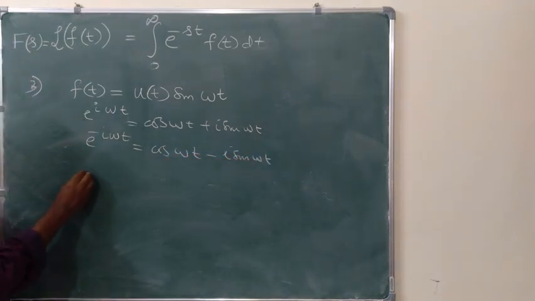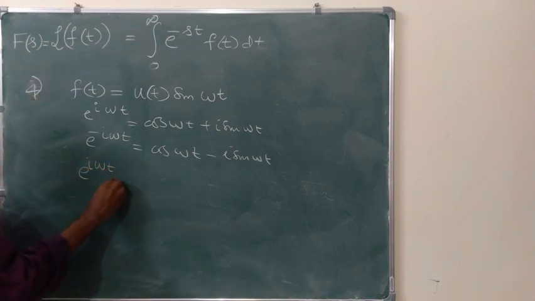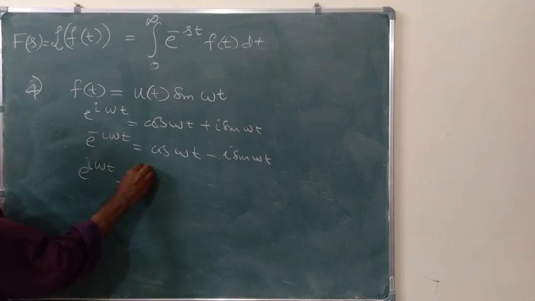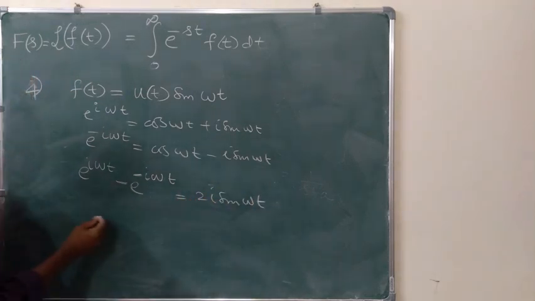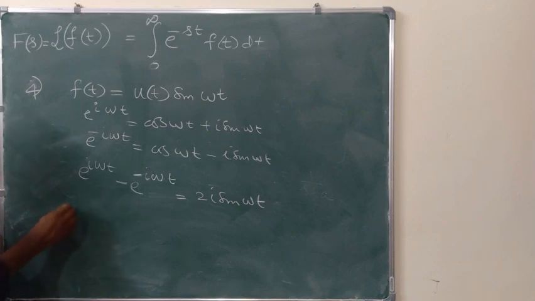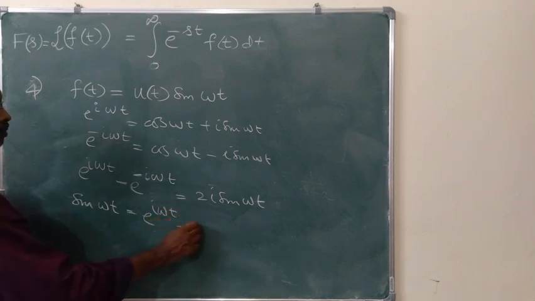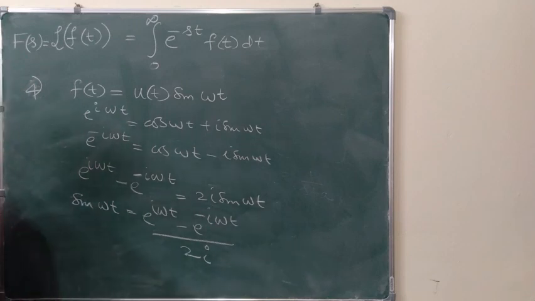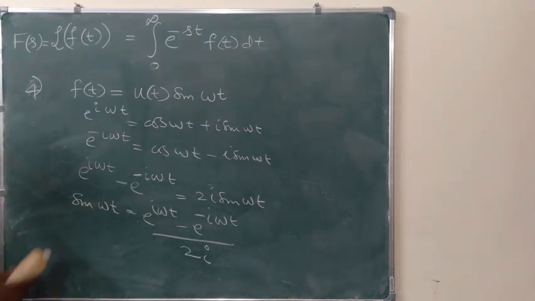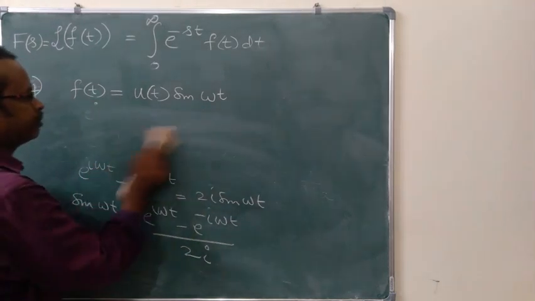So if we subtract, then you will get e to the power i omega t minus e to the power minus i omega t equal to 2i sin omega t. From that, we can write sin omega t equal to e to the power i omega t minus e to the power minus i omega t divided by 2i. So we will make use of this expansion for finding the Laplace transform of sin omega t.